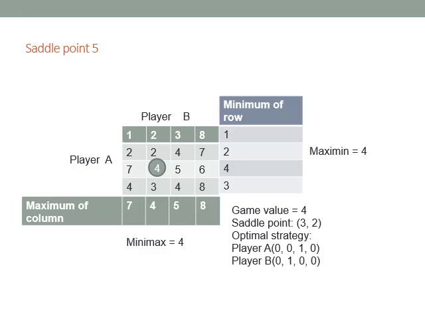The place of 4 is between row 3 and column 2. Therefore, 3, 2 is said to be the saddle point. Accordingly, we are going to determine the strategy of each player.